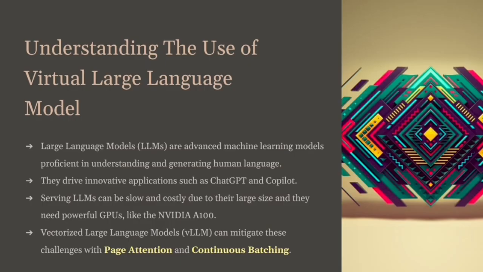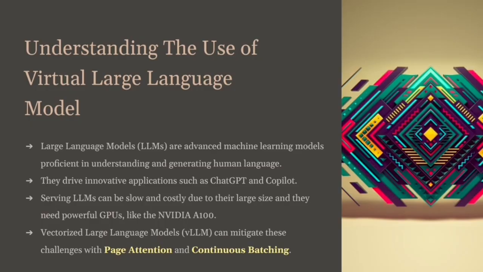Now, let's understand the use of vectorized large language model or vLLM. First of all, large language models or LLMs are powerful machine learning models that can understand and generate human-like language. These are the same kind of models behind applications like ChatGPT and Copilot. But there's a challenge.